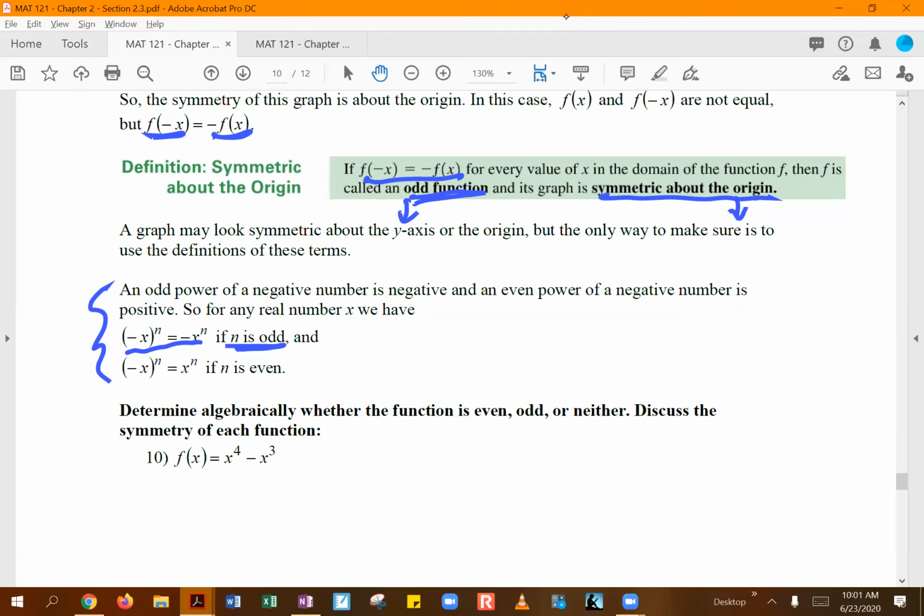So anytime you do these calculations, if n is odd, you will have a negative sign left behind. If n is even, then you end up getting a positive result. So you just get a positive x to the n. So that can help you through these examples, if you can remember what happens when you raise a negative number to an odd or even exponent.